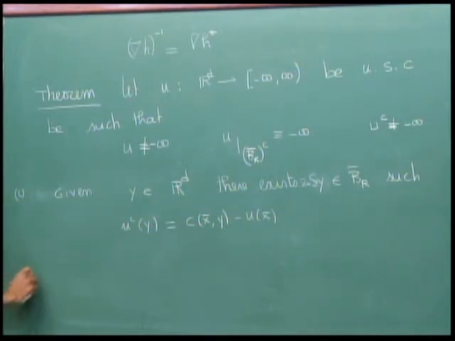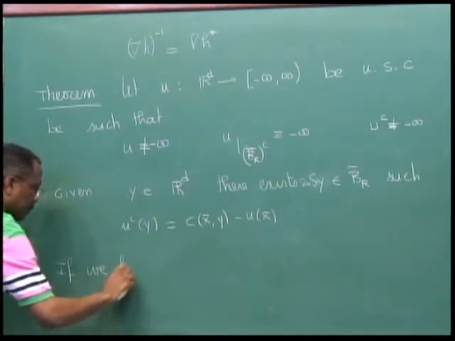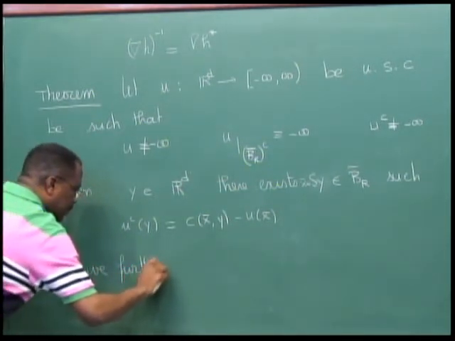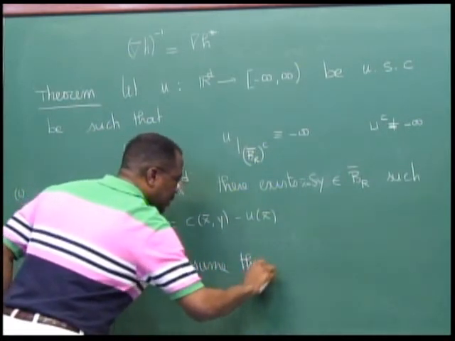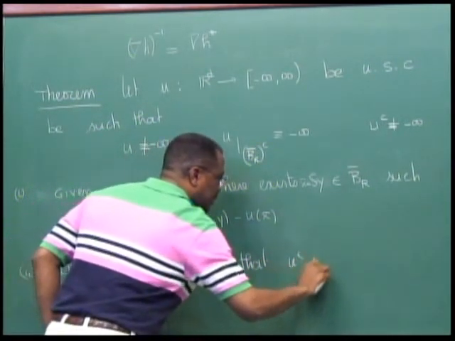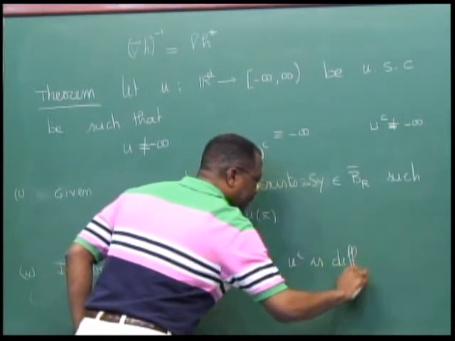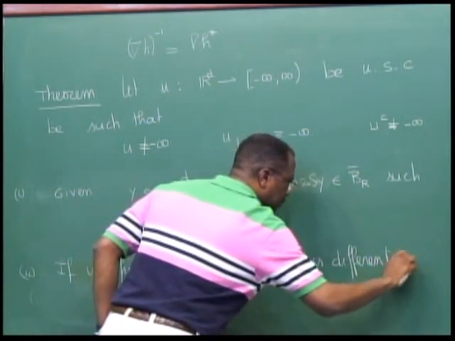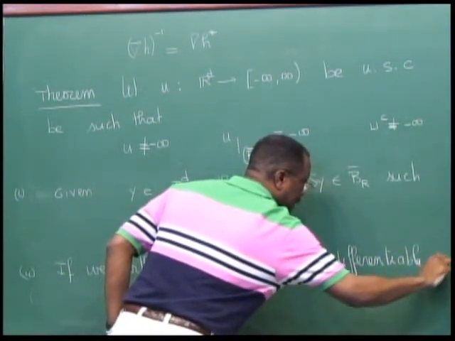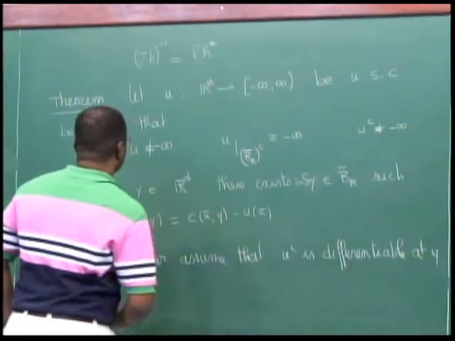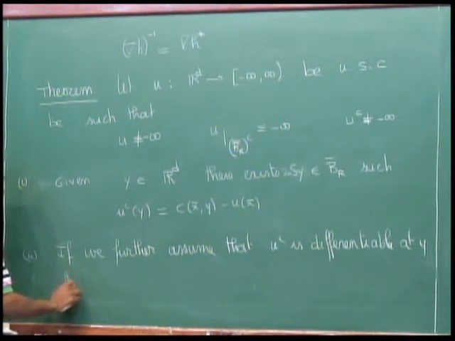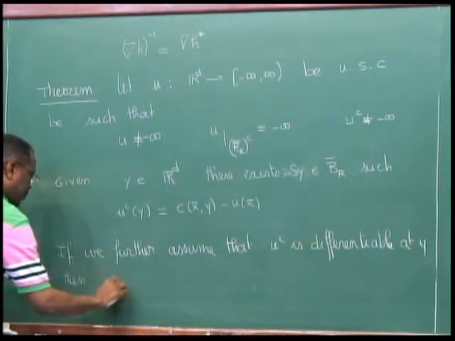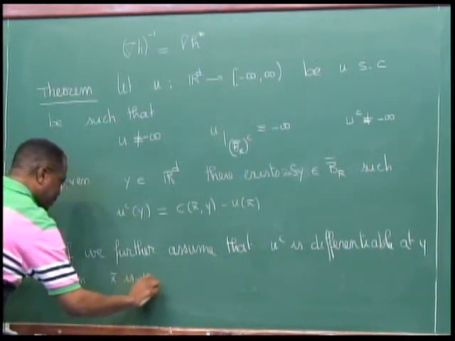Second, if we further assume that UC is differentiable at y, then x bar is uniquely determined.